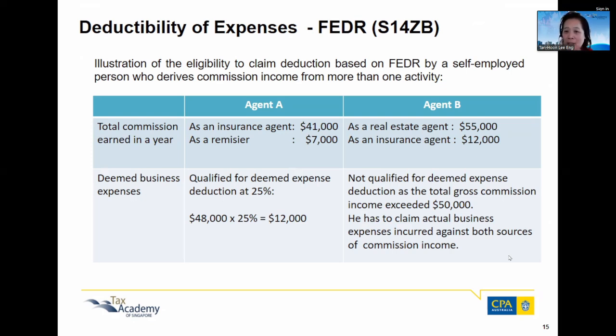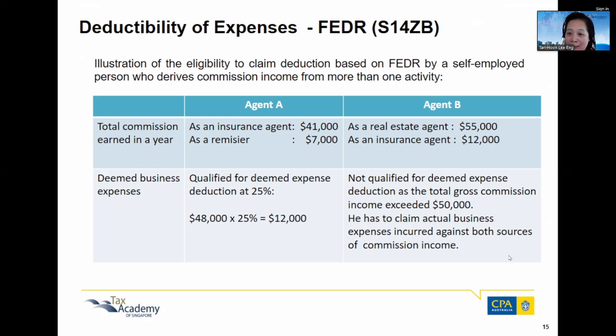In fact, even if his real estate commission is 45, the total is also more than 50,000. So as long as his commission income is more than 50,000, he is not qualified. He cannot opt for FEDR.